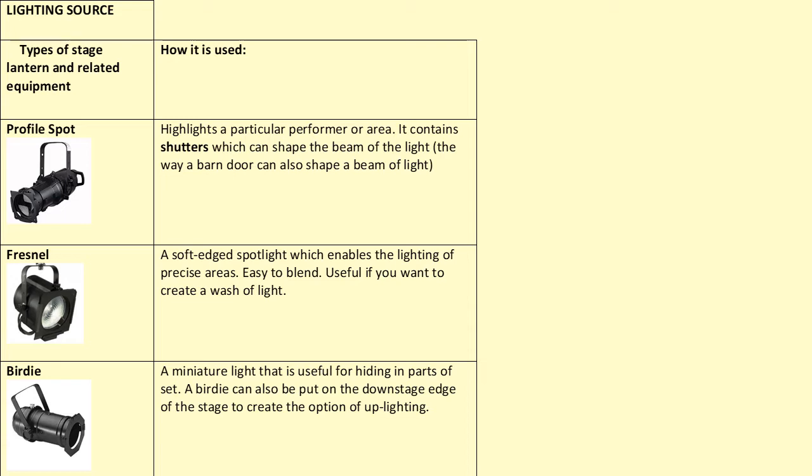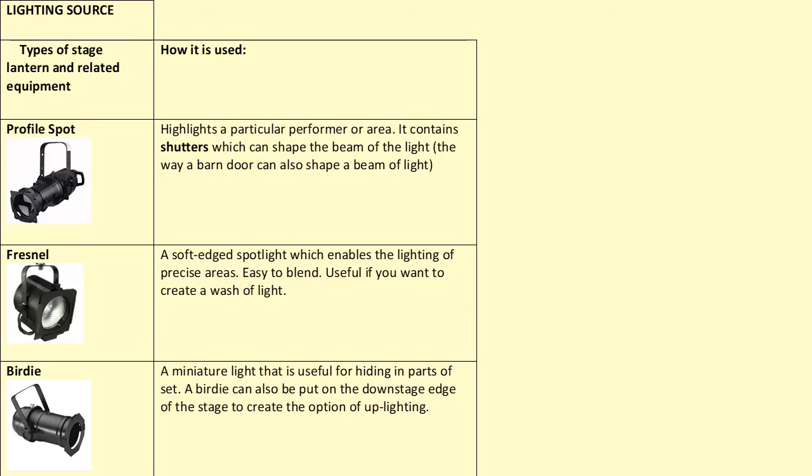You can have a straight edge, a semicircle on the other side, or from different angles you can cut across it to make it whatever shape you want. In addition, you've got sliders on there which make the spot bigger or smaller, so you can change the scale of the beam of light, that spot of light that you create.